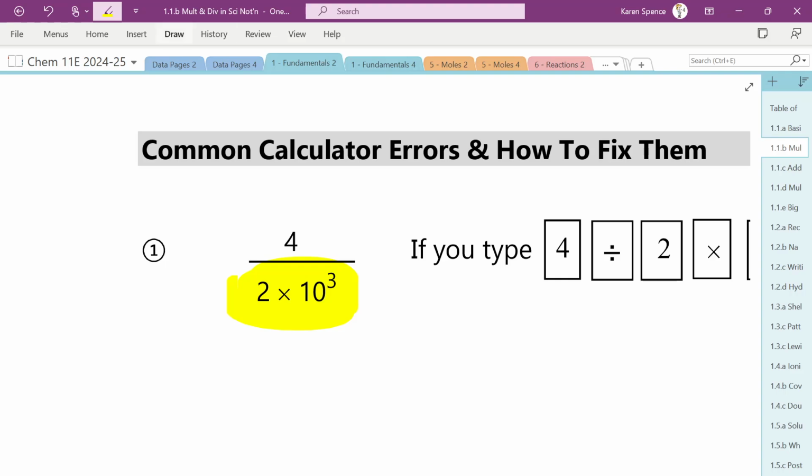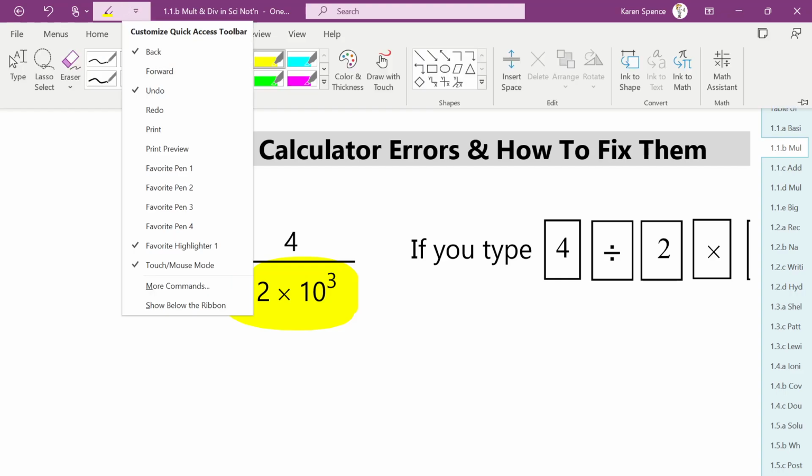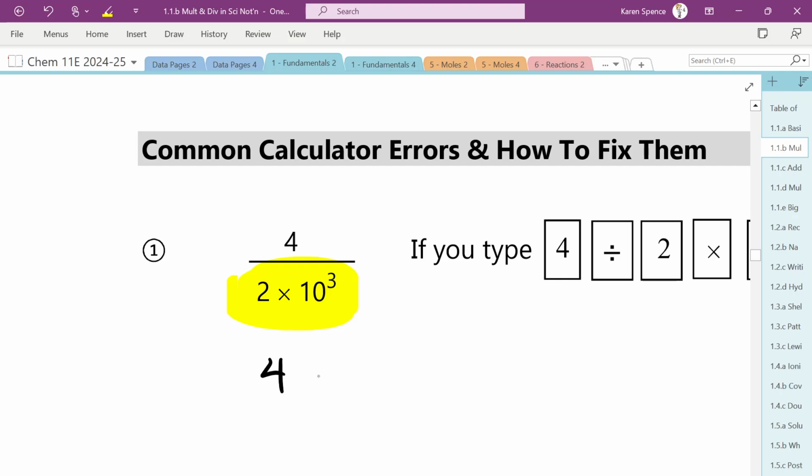So you want to actually type in 4 divided by 2, and then I'm just going to put an E, which stands for either the EE or the EXP or the times 10 to the X, and then 3. And if you're having trouble doing that, call me over and I can help you out.